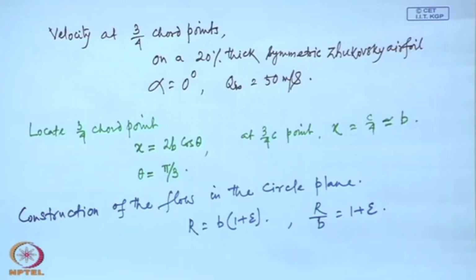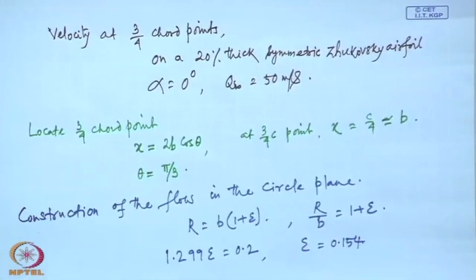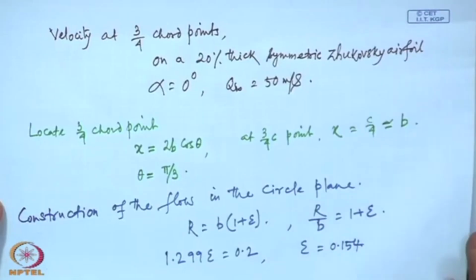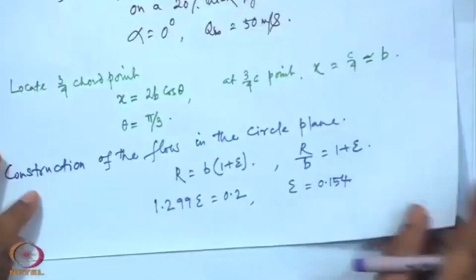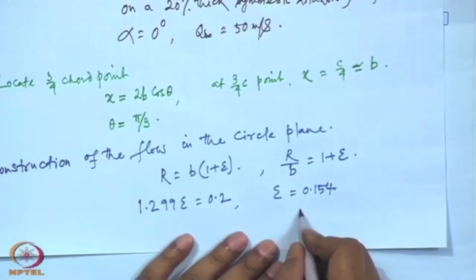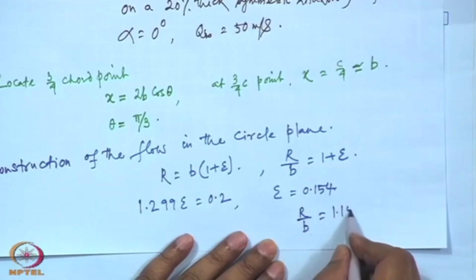How much is the epsilon? 1.299 epsilon equal to 0.2. Okay, that gives epsilon equal to 0.154. So, we have R by b equal to 1.154.